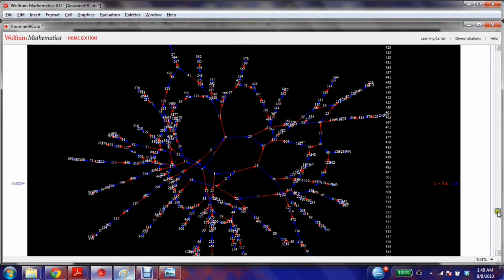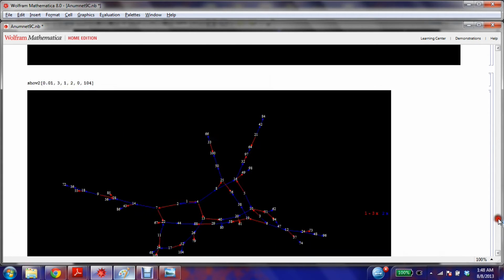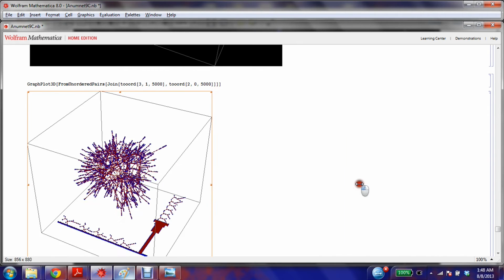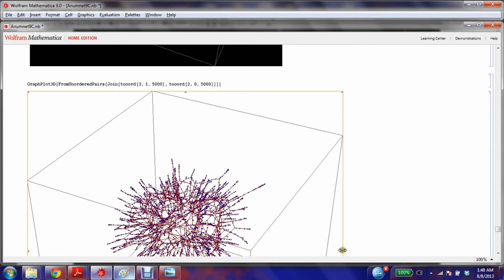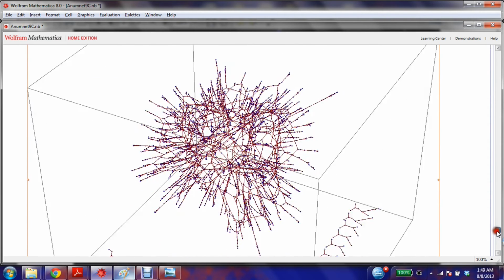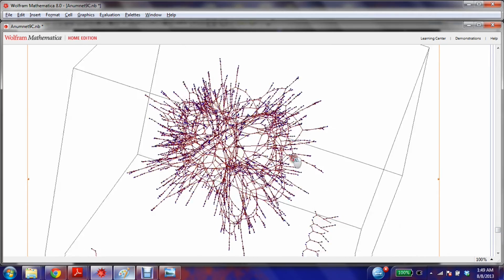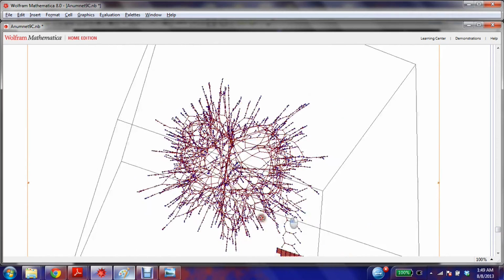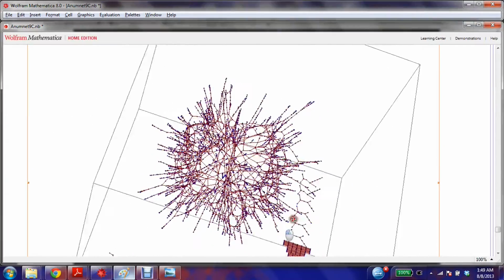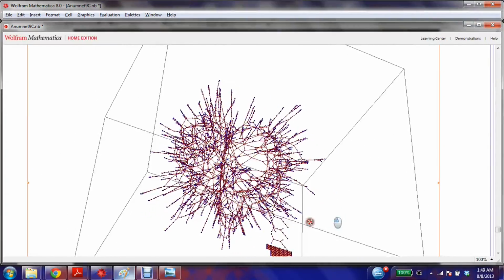In fact, down here, yes, here we have all the numbers less than 5,000. I've done a nice 3D plot of this. So basically each of these nodes is an integer, and they're linked when they should be linked in the Collatz network I've been talking about. And we can see that the structure being created is fairly complicated.